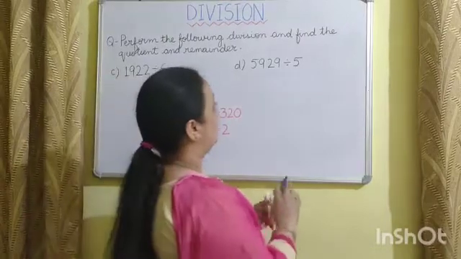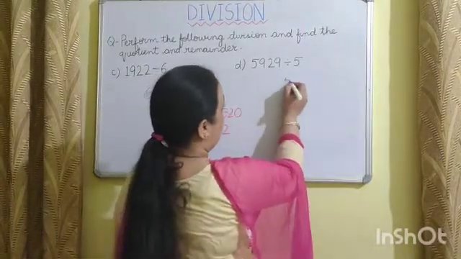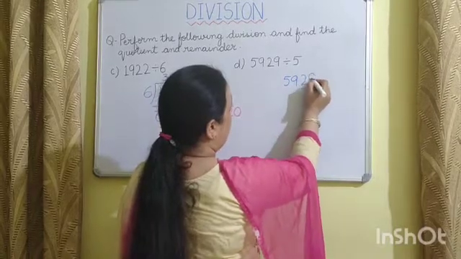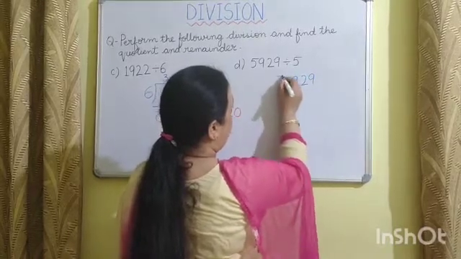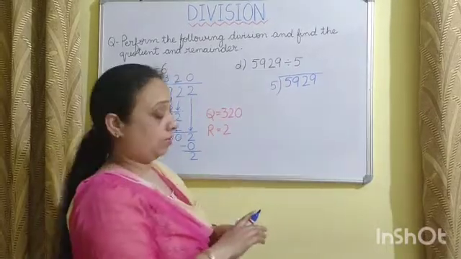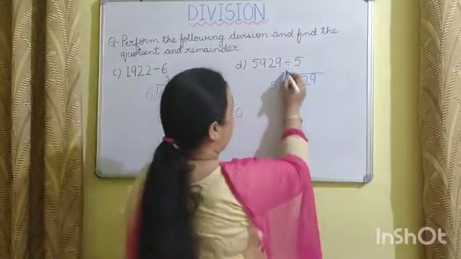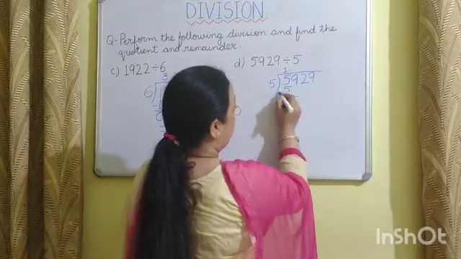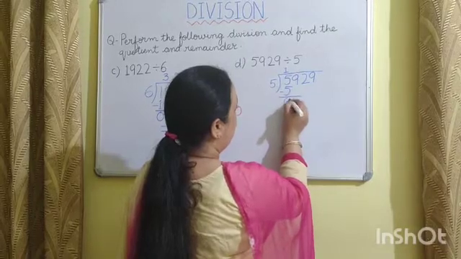Next, we have to divide 5,929 by 5. Now we'll read the table of 5. 5 ones are 5. Subtract it. 5 minus 5 is 0.